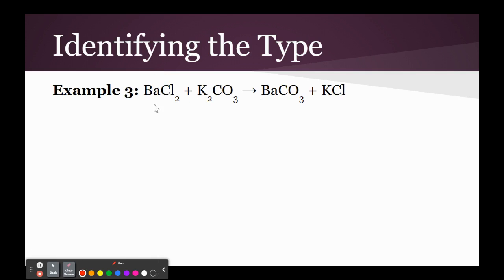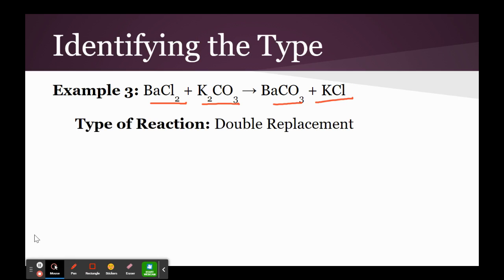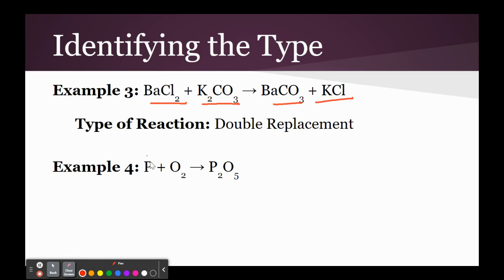For example 3 here, we have two compounds, and if you look at the products, the compounds have switched places with each other. That means that this is a double replacement reaction. Example number 4, we have two single elements that are combining to form one product.